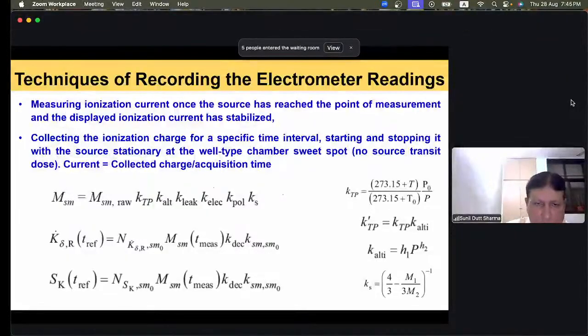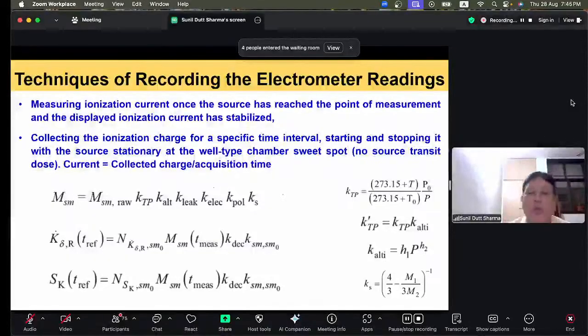Once you put in the values of all the correction factors and use this relation, the reference air kerma rate and the measured corrected meter reading, then you will be able to get the value of the reference air kerma rate, or if your chamber is calibrated in terms of air kerma strength, you will be able to get the value of air kerma strength.